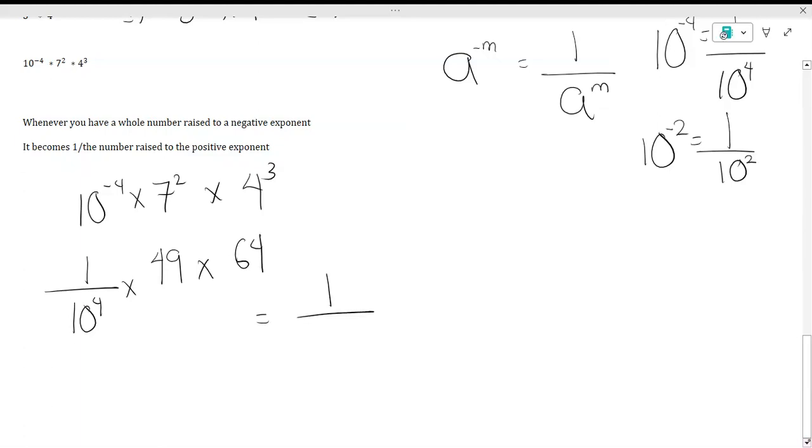How many zeros are we going to put? 4 zeros, 1, 2, 3, 4. This is 10,000. So it's going to be 49 times 64 over 10,000.